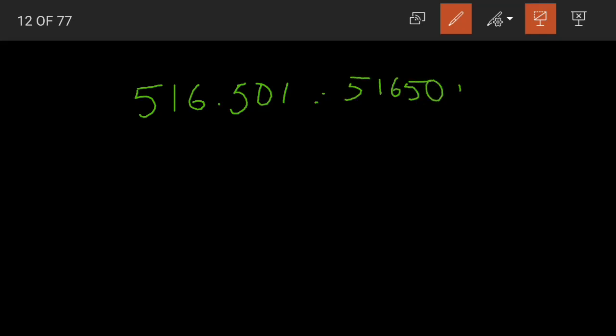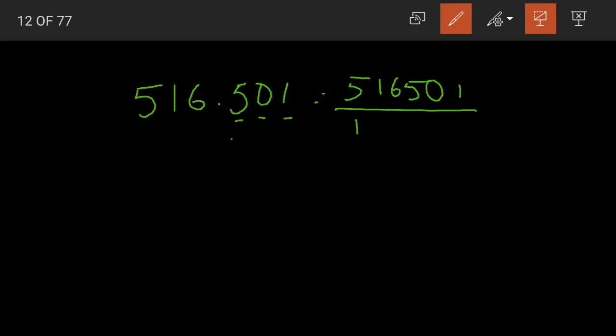Depending on the number of decimal places in the given decimal number, we place that number of zeros in the denominator. Say another example, 516.501. Now how will we convert this into a fraction? First write the number as it is without any point, divided by 1, and after 1, how many decimal places do we have?